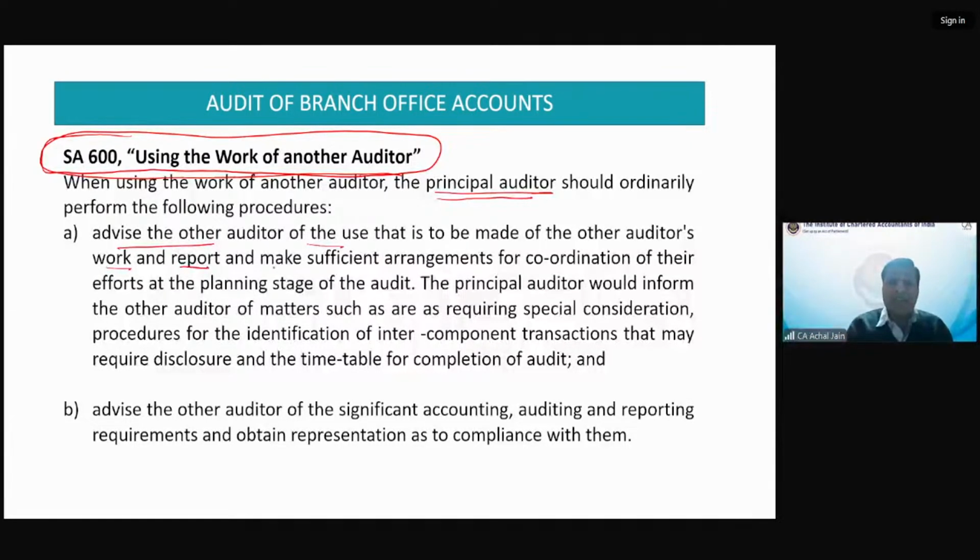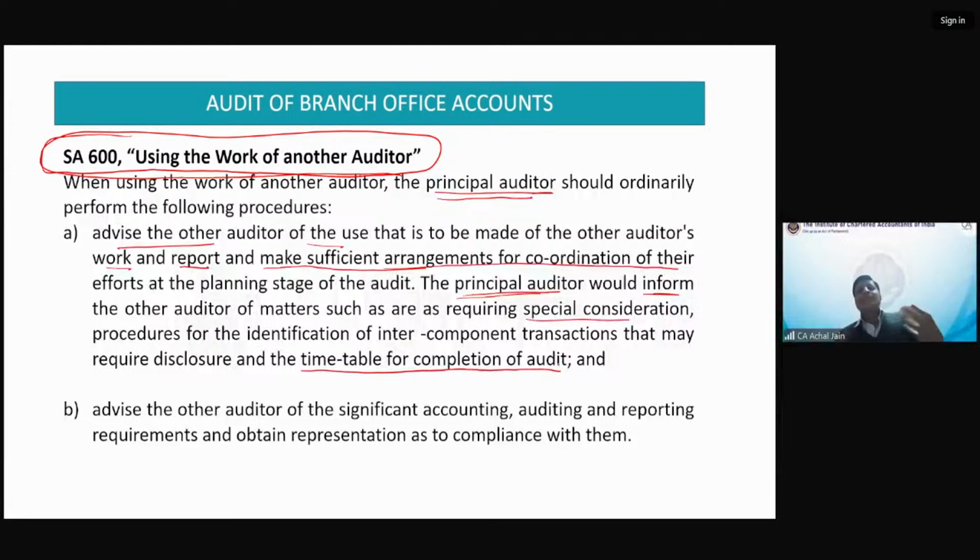Make sufficient arrangements for coordination of their efforts. Means in the planning the component auditor does, the principal auditor will remain involved. The principal auditor would also inform the component auditor of matters which require special consideration, and will also share the timetable for completion of audit.